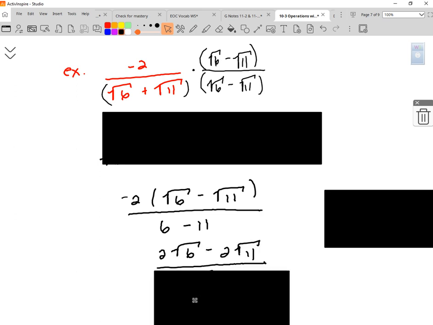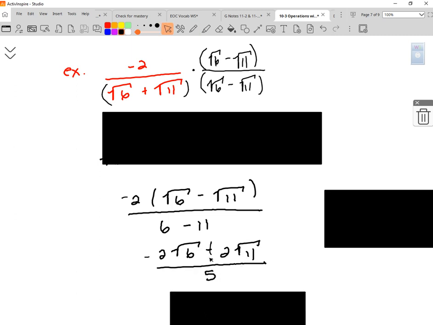It's never going to be plus. Always going to be the first one squared minus the second one squared. So the numerator is going to simplify to negative 2 square roots of 6 plus 2 square roots of 11. The bottom one's going to be negative 5.